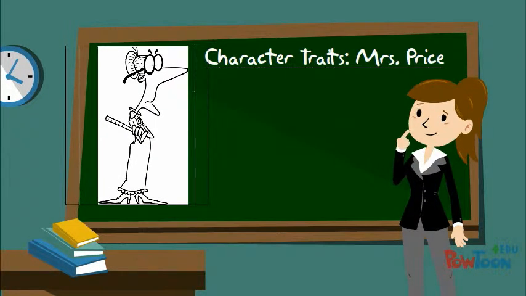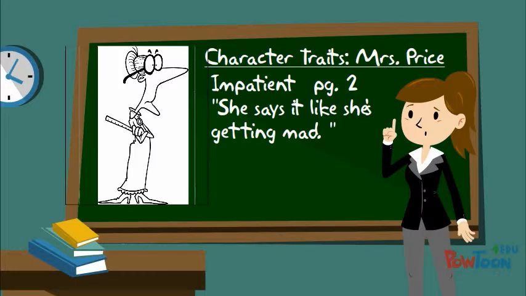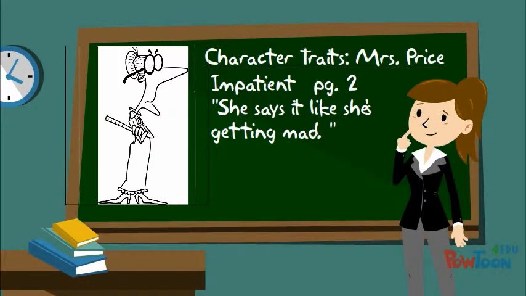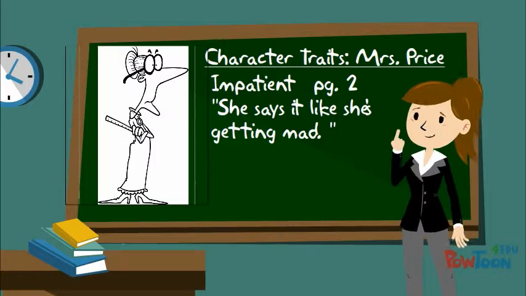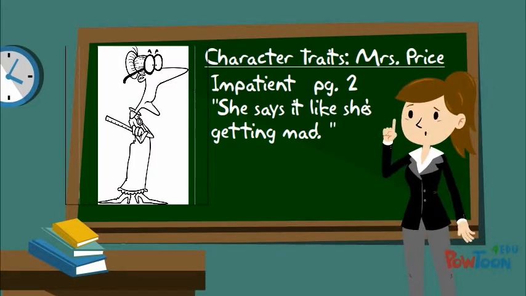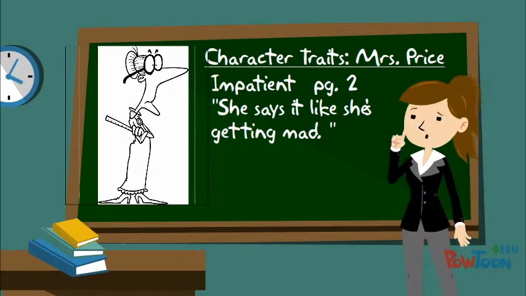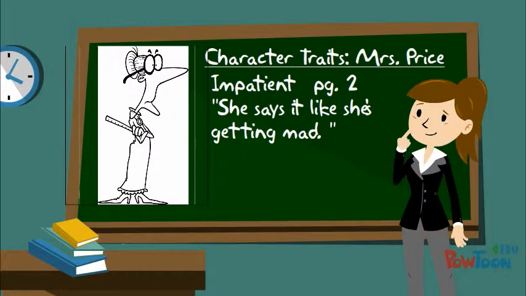Now let's do the same thing for Mrs. Price. Let's figure out a character trait to describe her. I would use the word impatient as a good character trait to describe her. My text evidence to support my thinking is when she says on page 2, she says it like she's getting mad. Mrs. Price doesn't want to listen to Rachel explain that it's not her sweater, and she's getting mad because Rachel is wasting time.